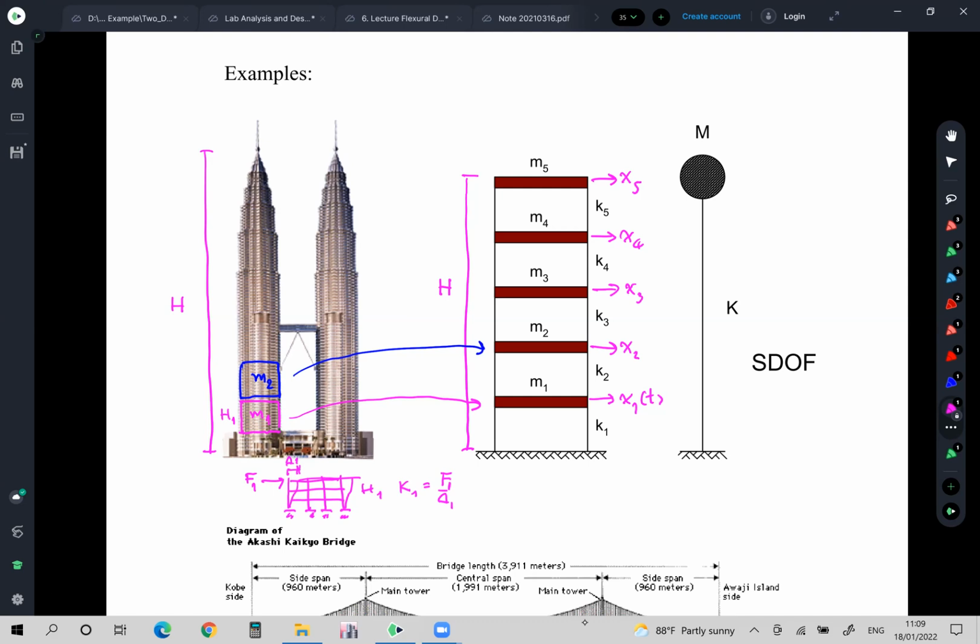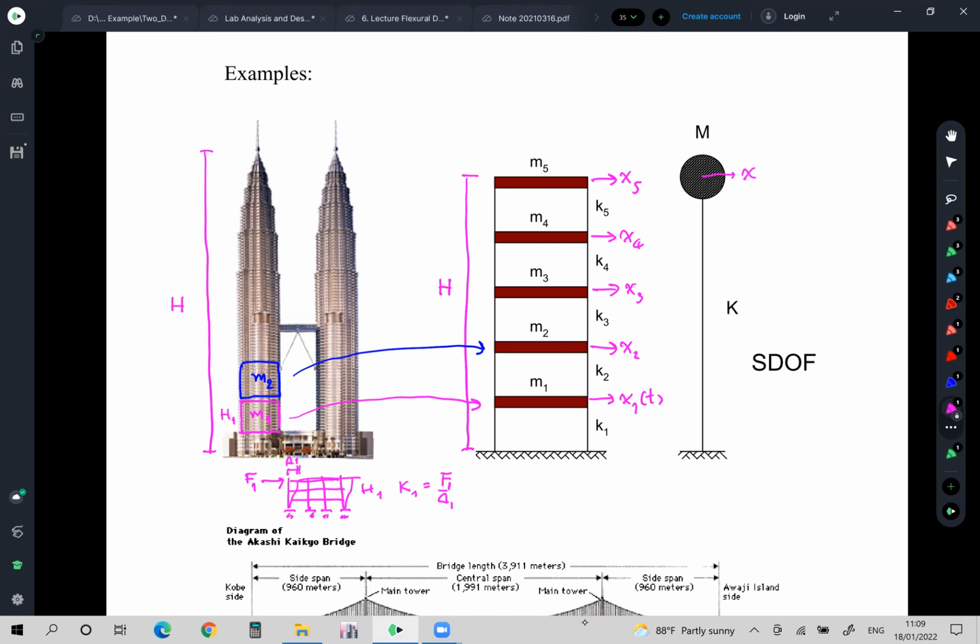However, if I would like to represent this building by another physical model called SDOF, single degree of freedom system, I will do it with only 1 degree of freedom, maybe here, X, just X or X number 1, only 1 X. And the mass of the whole building, we lump to the top.